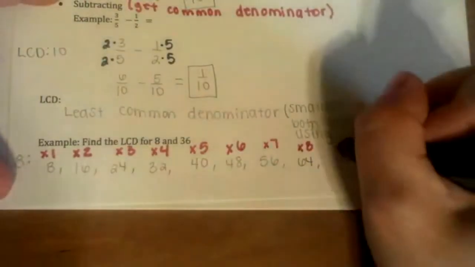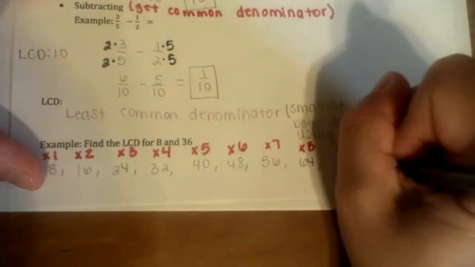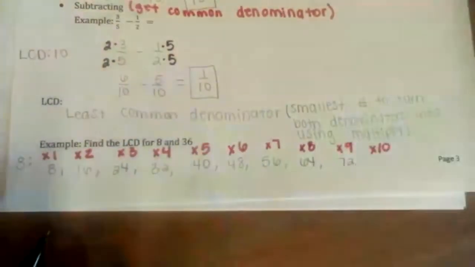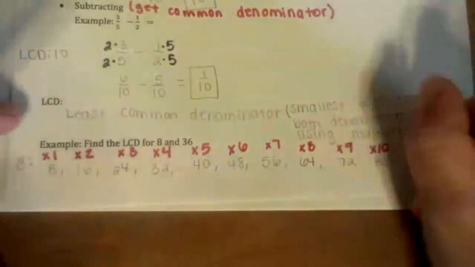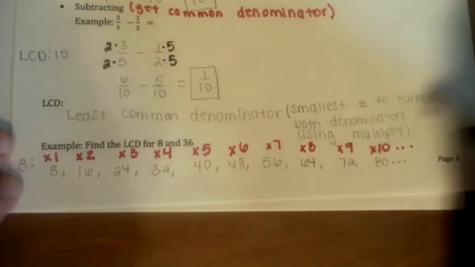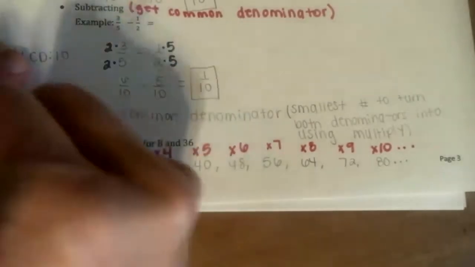We can do 8 times 9 to give us 72. We can do 8 times 10 to give us 80. And so on and so forth. We'll just stop there. These are just our different options. It could keep going though. So let's do the same thing for 36.